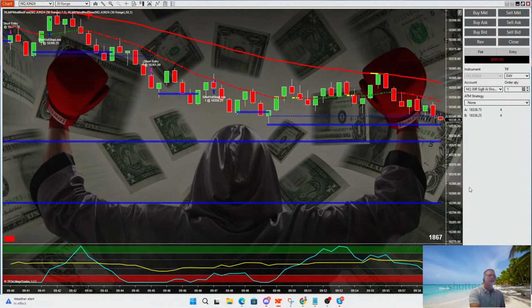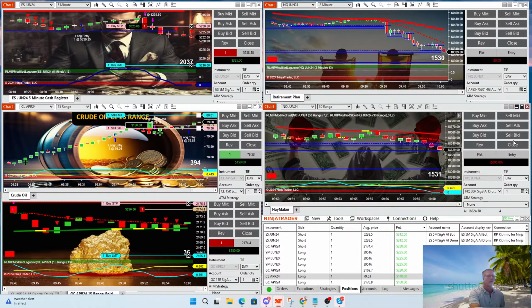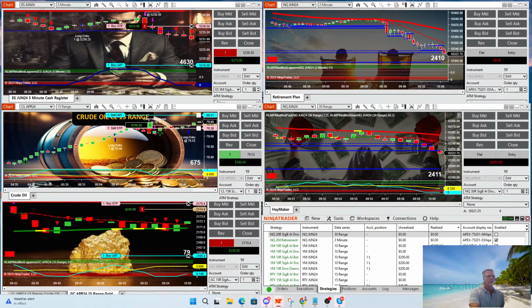Breaks through here. It's tempting to go back to that signal B. Get this short move down. Well, we could try it.